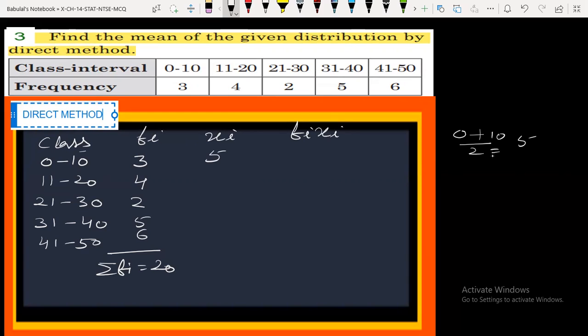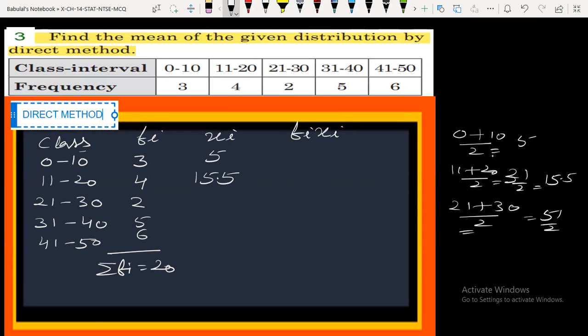Then 11 plus 20 divided by 2, that is I think 31 divided by 2, that is 15.5. So we can write here 15.5. Now 21 plus 30 divided by 2, that is 51 by 2, and 51 by 2 is 25.5.